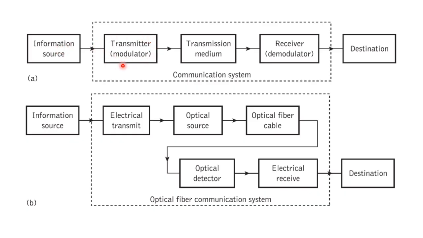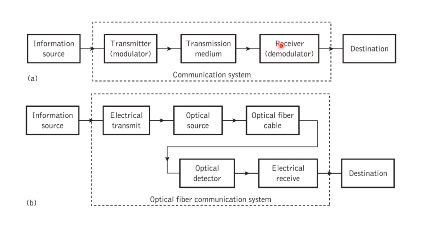Next we have the transmitter, and the transmitter consists of modulator along with some other functionalities like filtering, like power amplification, etc. Next we have a transmission medium, and the transmission medium is used to carry the information from the transmitter to the receiver with minimum amount of error and distortion.